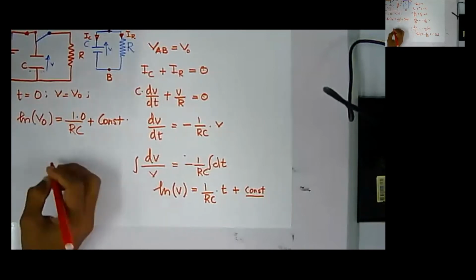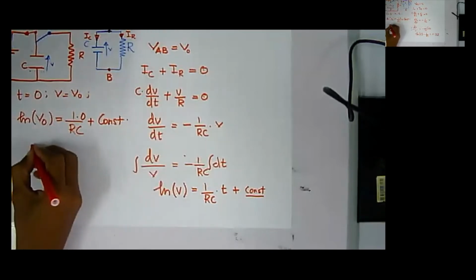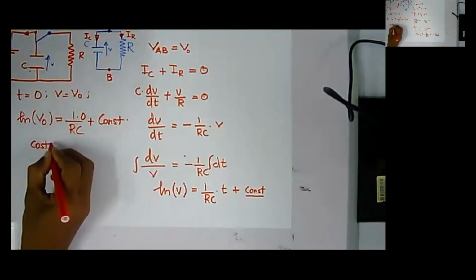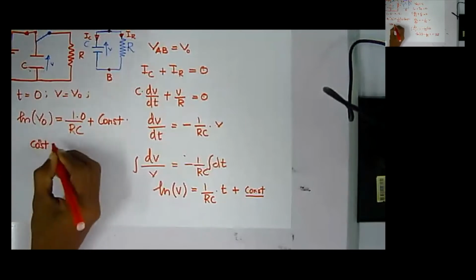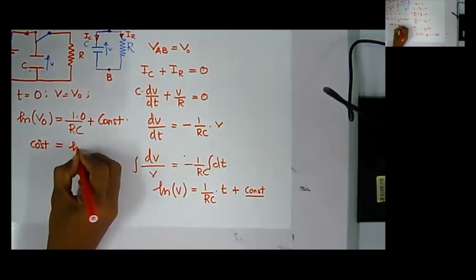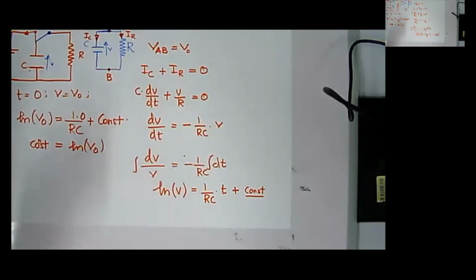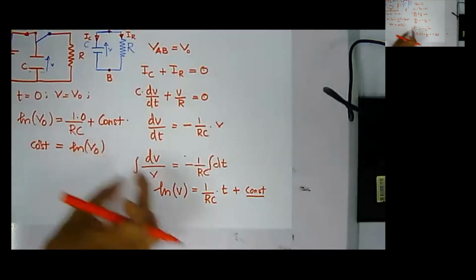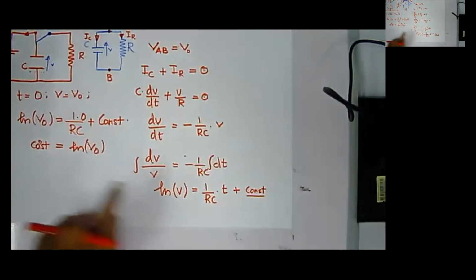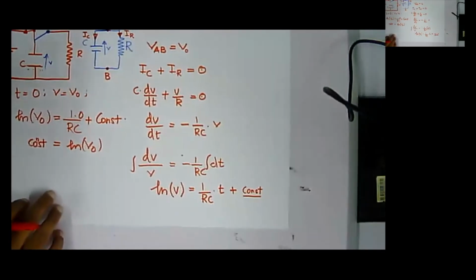So we can write that the integration constant equals ln V naught. The integration constant becomes ln V naught. Now substitute that ln V naught there and bring it to the other side.